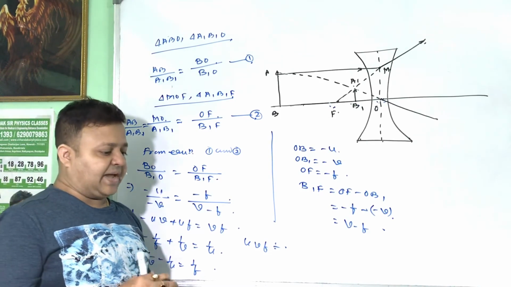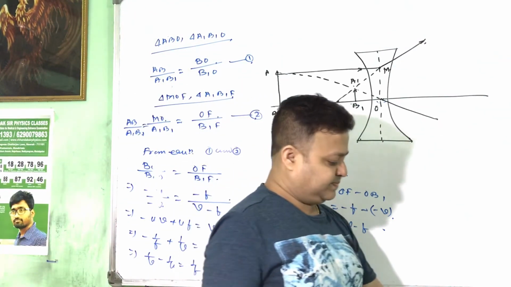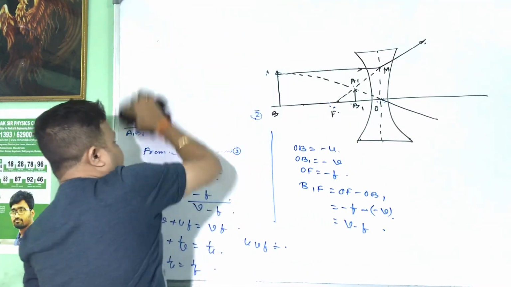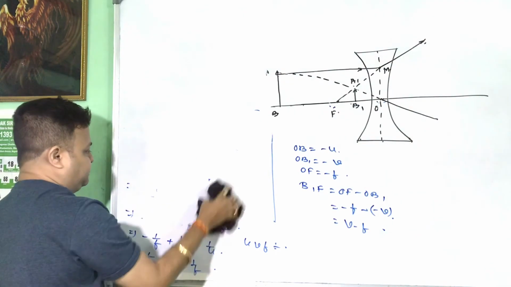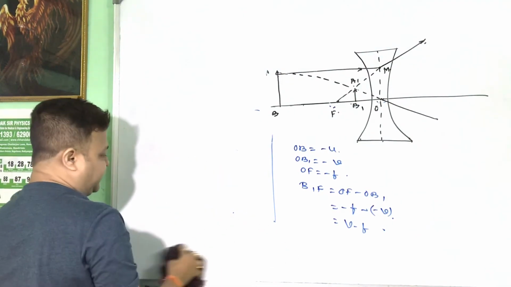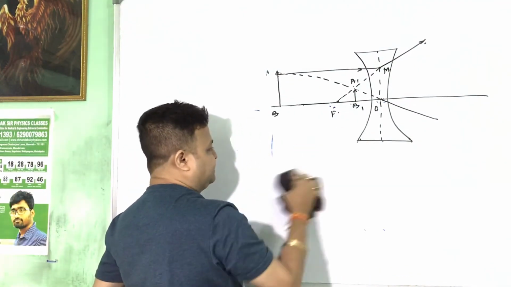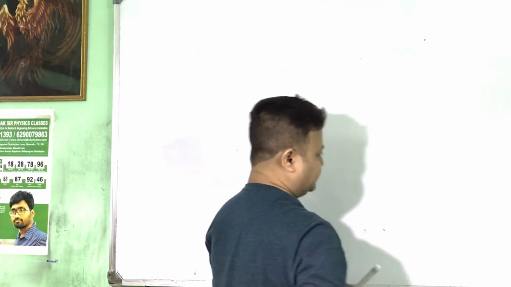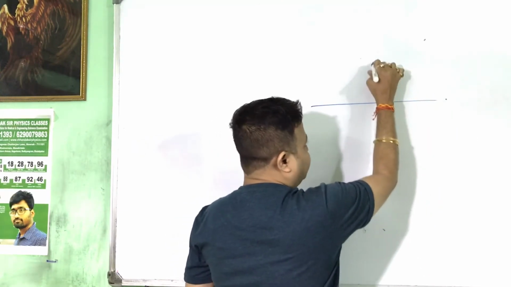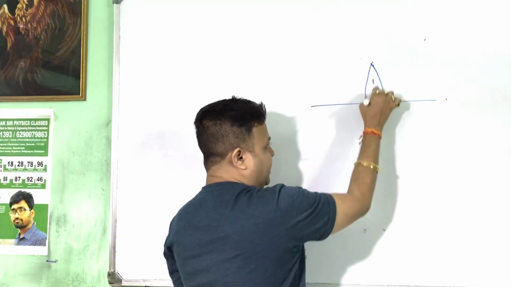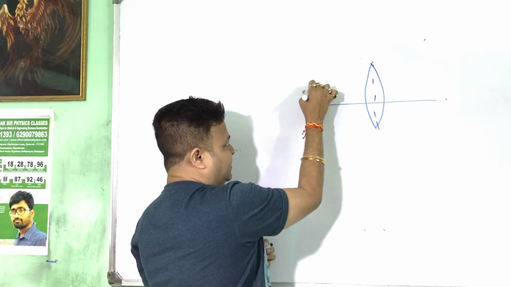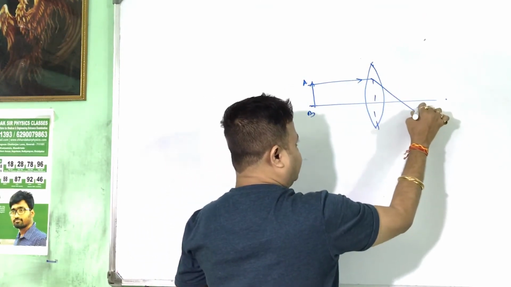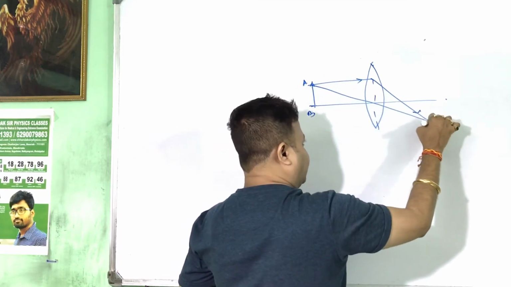Next, linear magnification. Linear magnification for convex lens. When a real image is formed, this is the object and this one is the image.